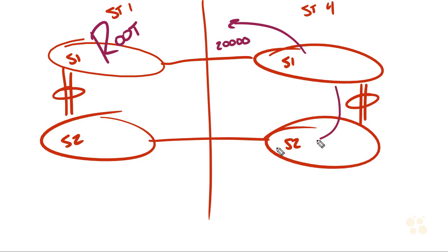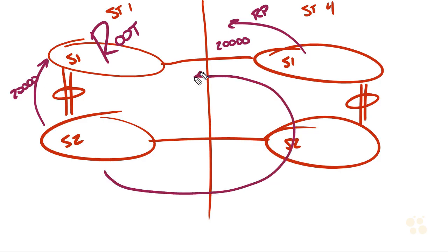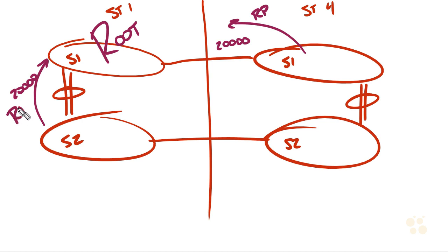And if I were to go this way, it would end up costing 60,000. 20 here, and 20 here. So man, this is definitely my best way. That's my root port. This switch also realizes it has 2 ways, but picks this way because that's a cost of 20,000 versus going this way, which would be a cost of 60,000. Same thing. This becomes his root port.